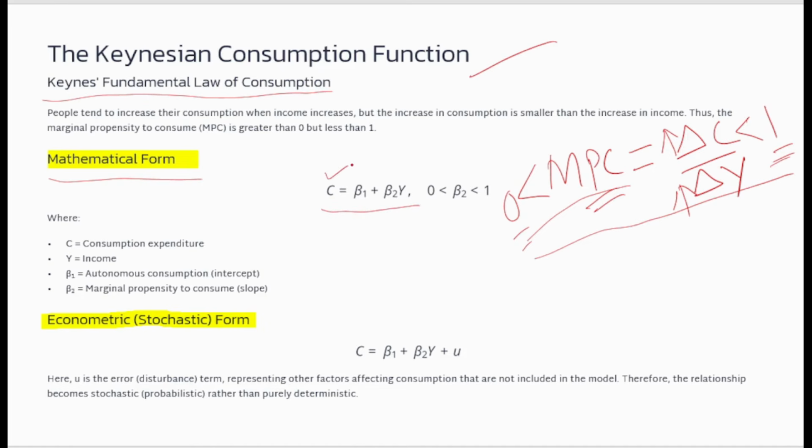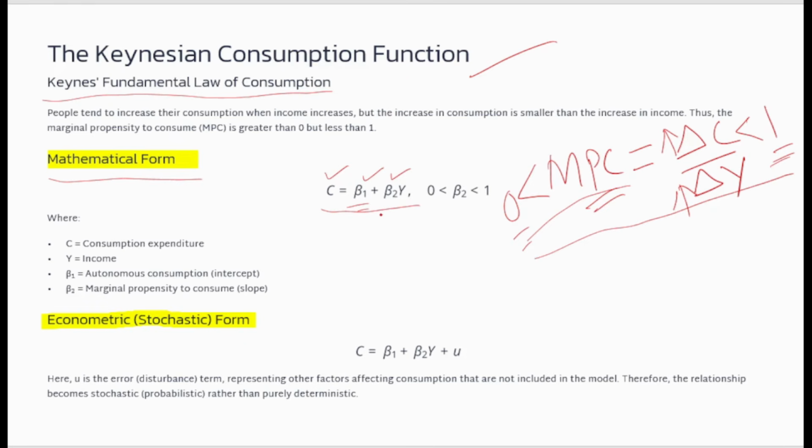Then if we express the Keynesian consumption function in a mathematical form, it will be C equal to beta 1 plus beta 2 Y. So here beta 1 is the intercept term, or we can say the autonomous consumption. That means even if the income is equal to 0, how much will the consumption be?